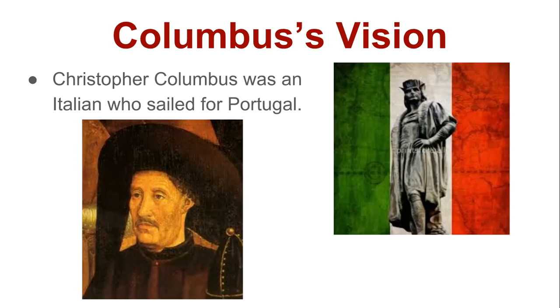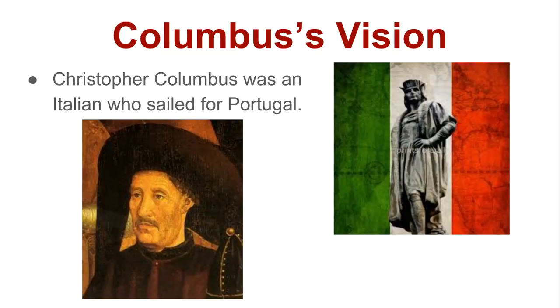Now, a little bit about Christopher Columbus himself. He's not just some random guy who comes up with an idea. He is a very notable, well-known sailor of the time. He was an Italian from the city of Genoa who learned to really sail under the Portuguese leadership, when Prince Henry the Navigator had put together his school of navigation that attracted all the best sailors in Europe.